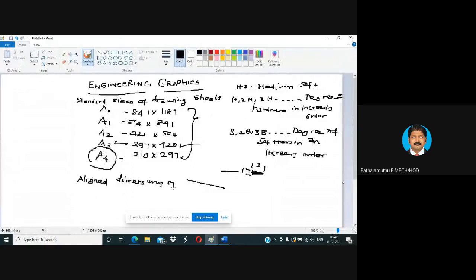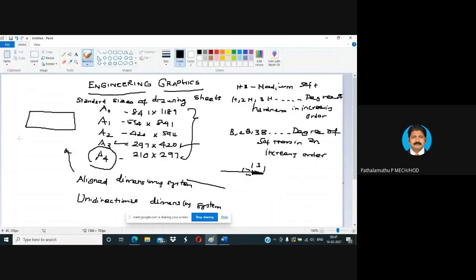Another is the unidirectional dimensioning system. In the aligned dimensioning system, for example, take a rectangular bar.